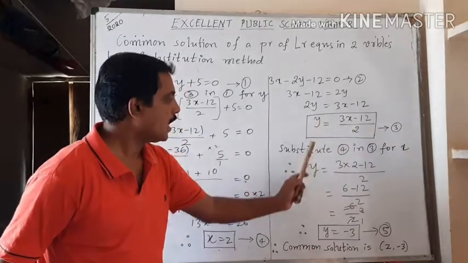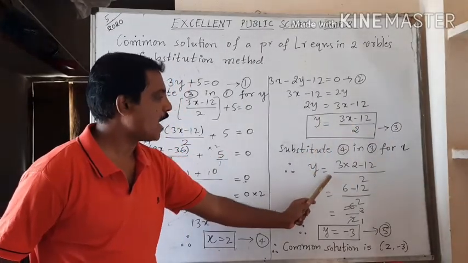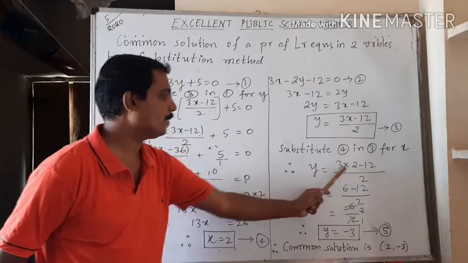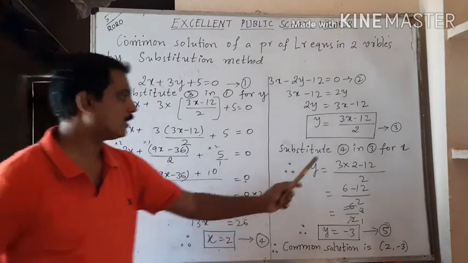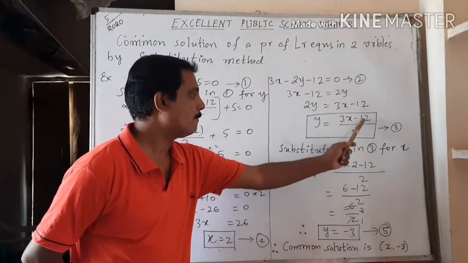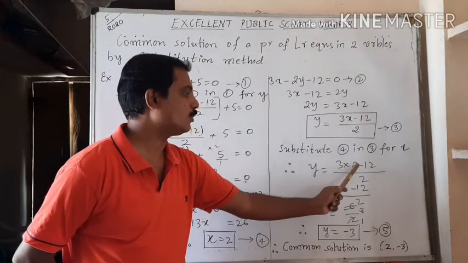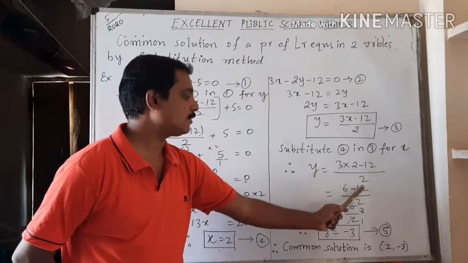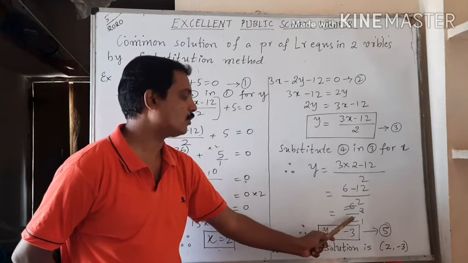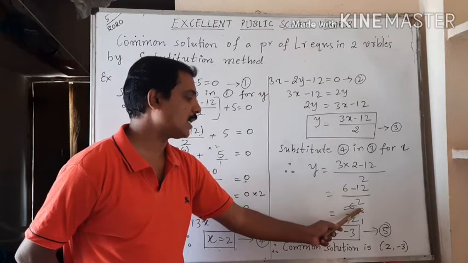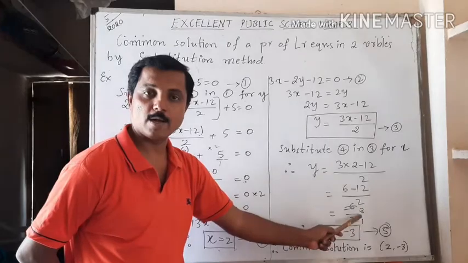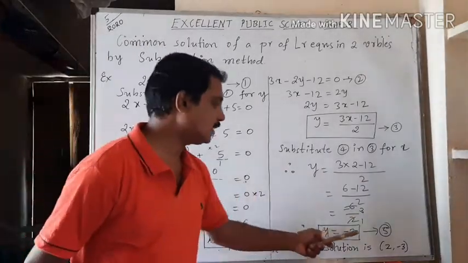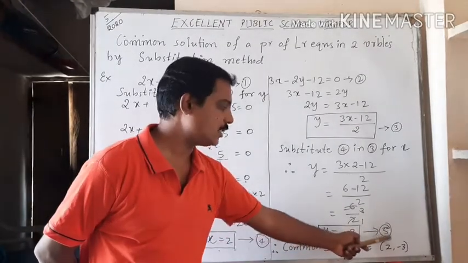So now equation 3 becomes y is equal to (3 into 2 minus 12) upon 2, because x is equal to 2 here. 3 2s are 6, minus 12 upon 2. 6 minus 12 is minus 6 upon 2, which is minus 3 by 1, which is equal to minus 3. Therefore y is equal to minus 3.